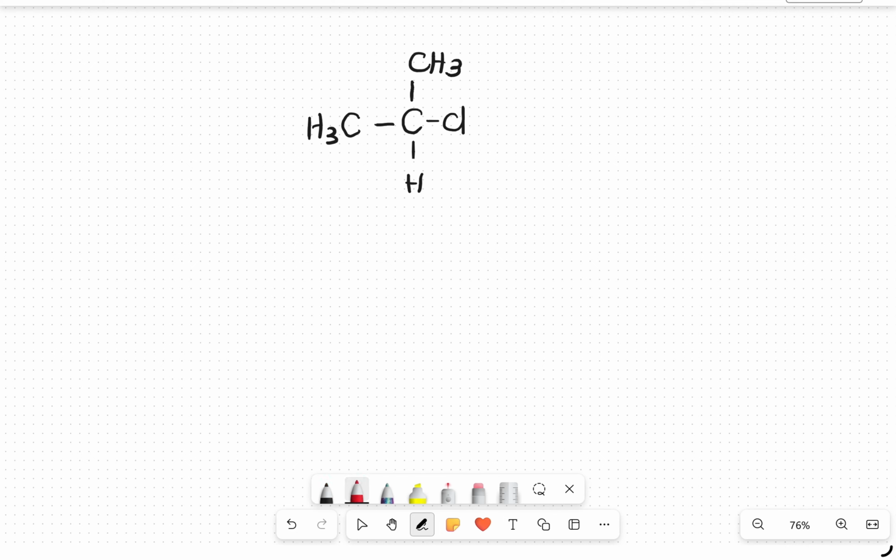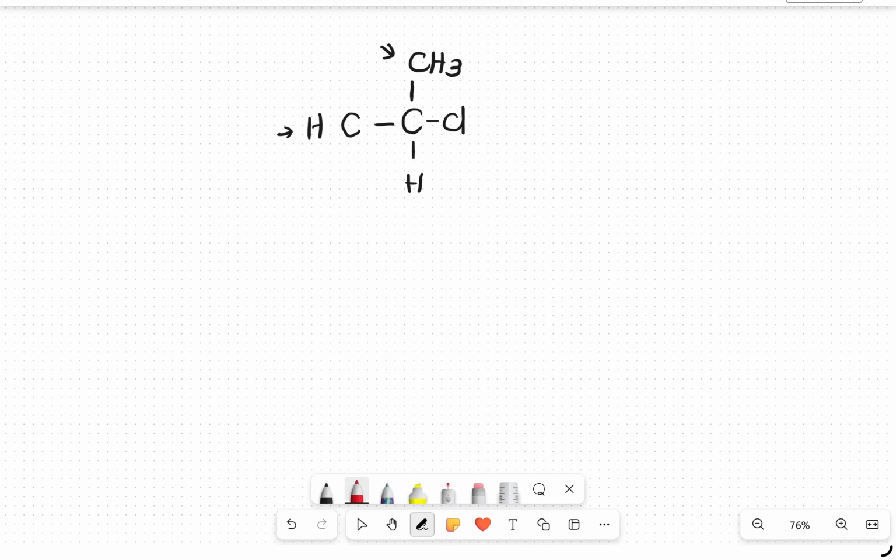When we name it, you cannot start with this one as carbon number 1, because your Cl is on the center carbon, in the middle carbon, so you cannot start with 1. Carbon number 1 can be either from this side or from this side, so you choose.